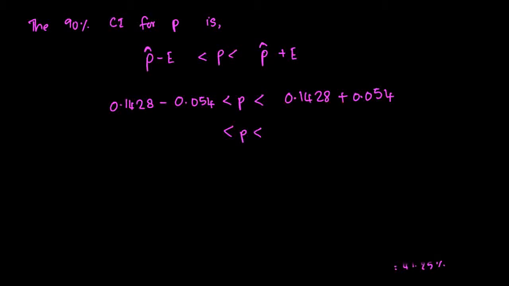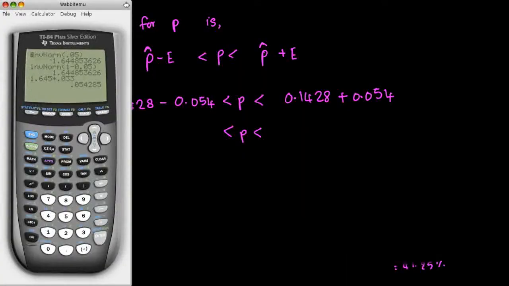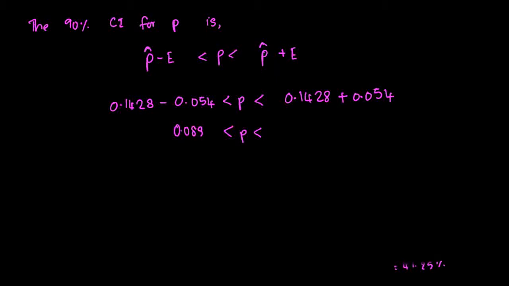Using that, 0.1428 minus 0.054 is 0.0888, while 0.1428 plus 0.054 is 0.1968. So I'd have 0.0888 and 0.1968.